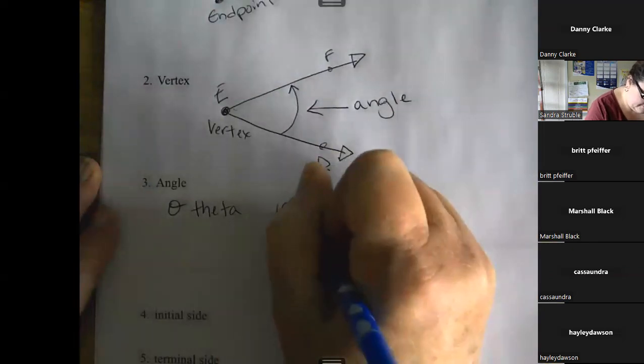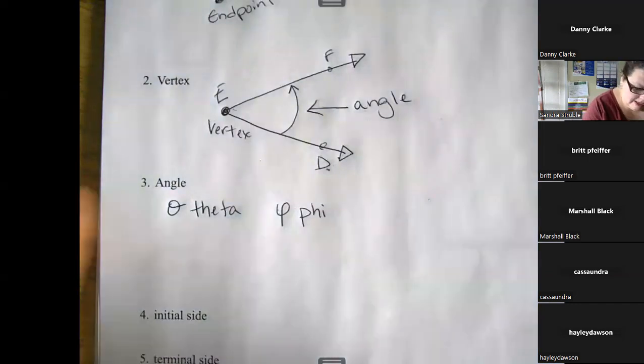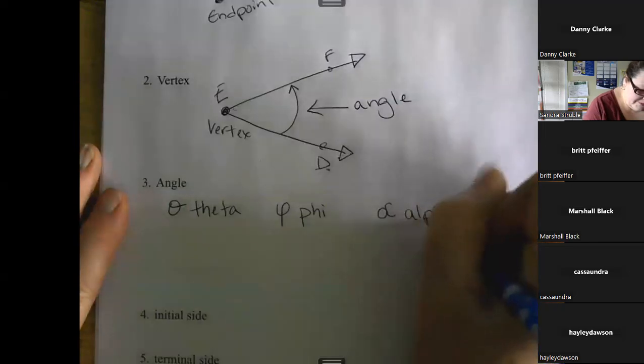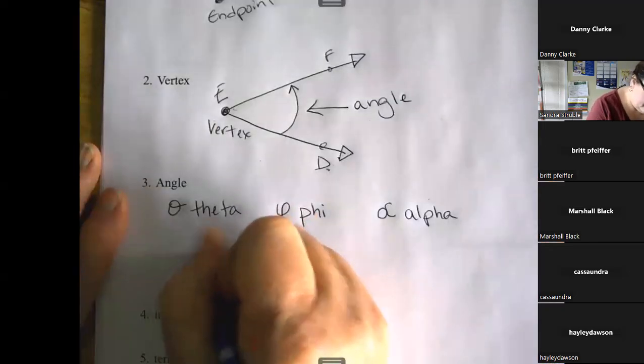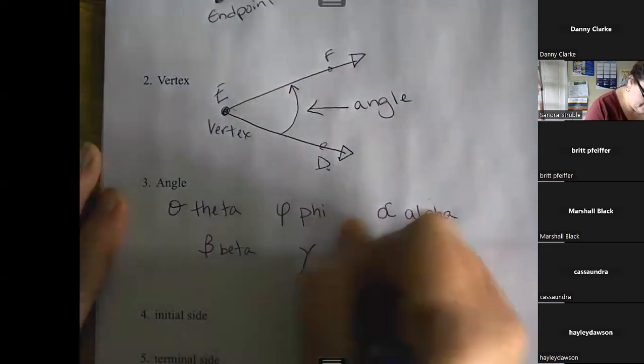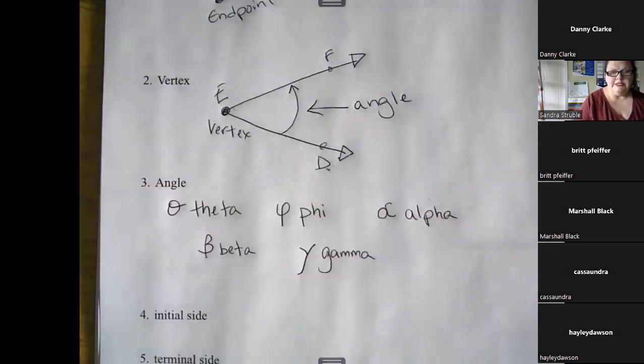I'm not Greek, so I'm probably saying it wrong. And then there's alpha, beta, and then gamma. Those are the typical Greek letters you're going to see to represent an angle in this section.